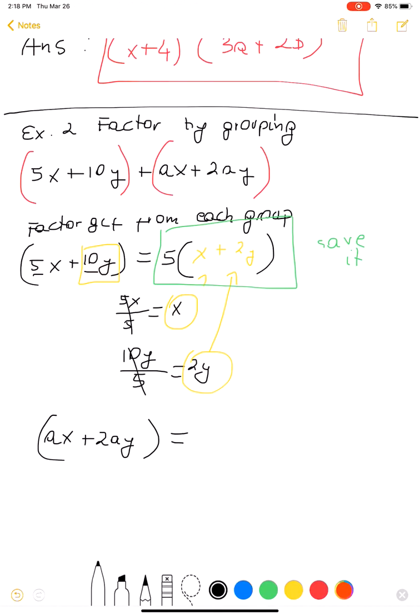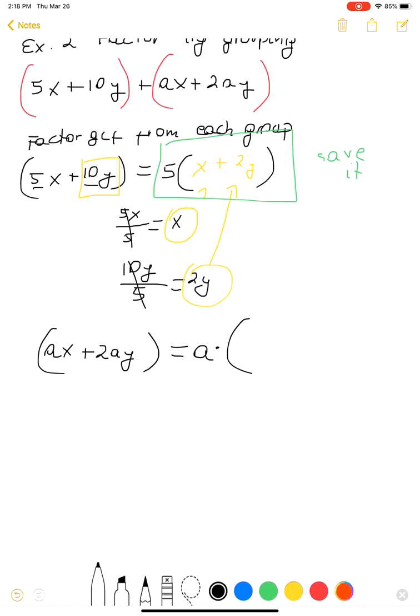So we have a, that's the GCF, times parenthesis, and we're going to do the same work. You're going to take your original expression, which is ax, and divide that by the GCF, which is a, and that will give you x.